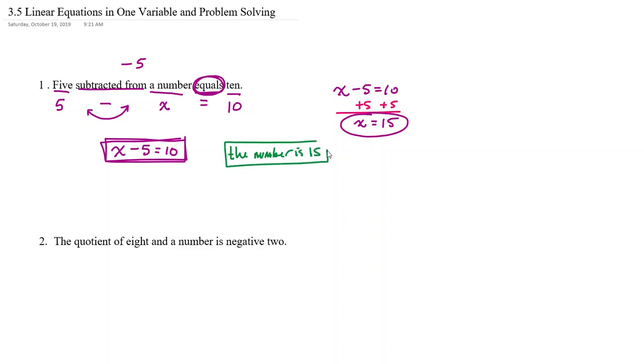So that's the answer to the question. I guess we didn't really ask the question, what is the number? But a number is 15. And the equation that we used to solve and find that number is x minus 5 equals 10.